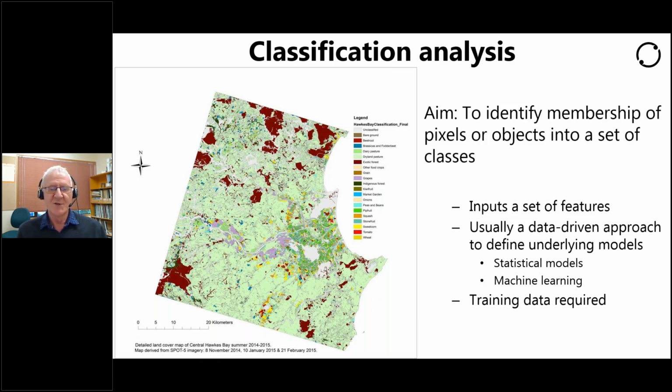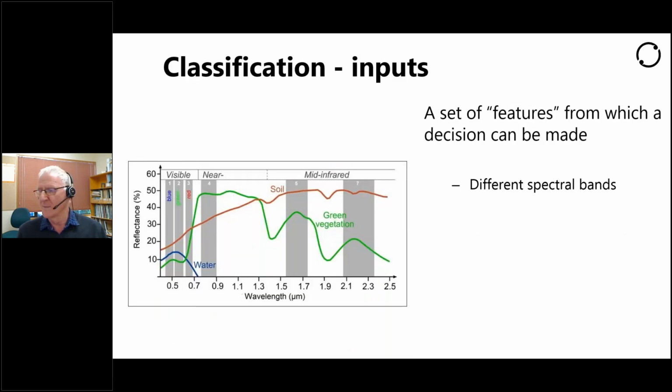But the training data is required in these data-driven approaches, and that is key. And I'll try and cover that a bit more in the next few slides. So the input features are what a decision is made from. Often in remote sensing, you might just present the classifier with the sensed bands as input features.